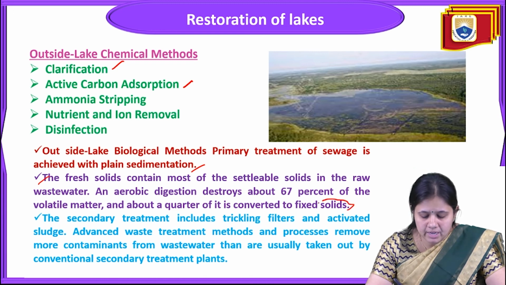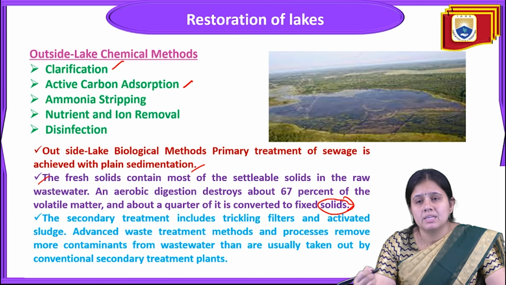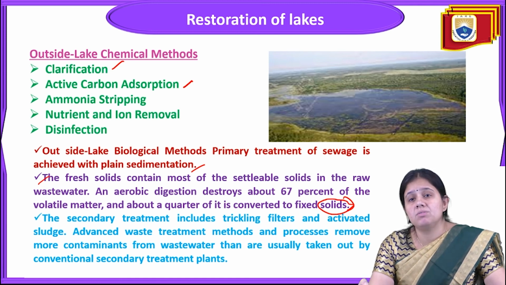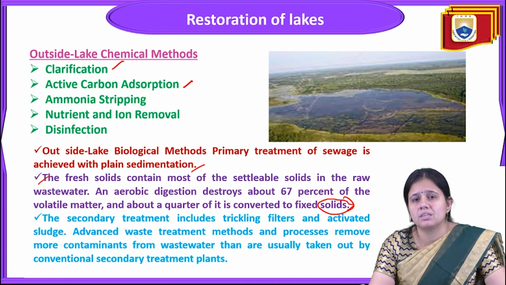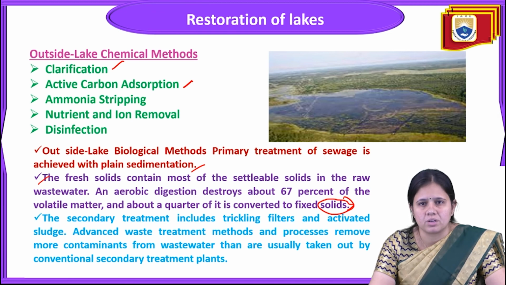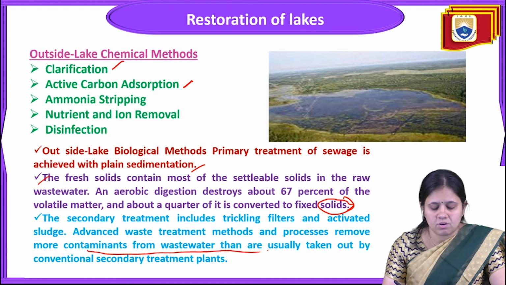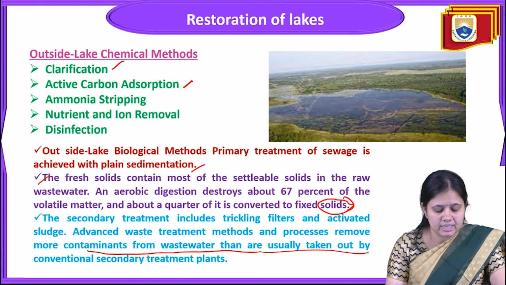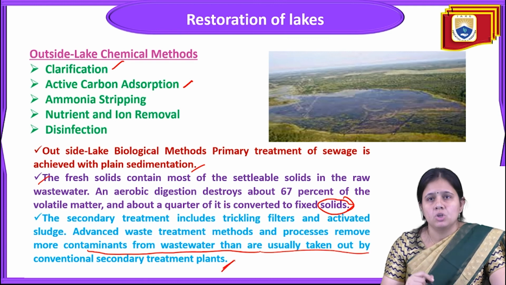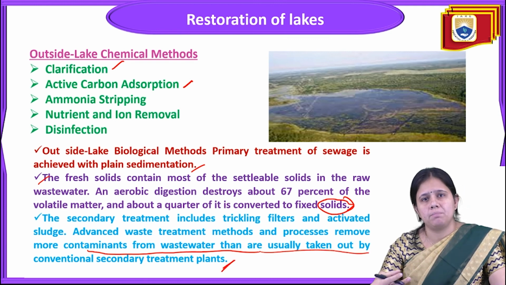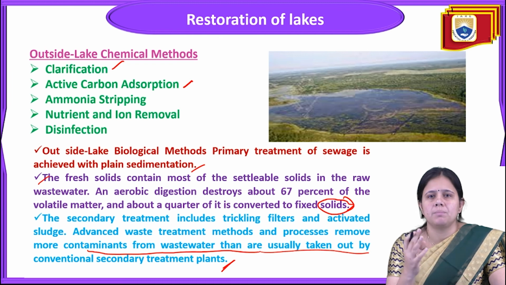The secondary treatment includes the trickling filter and activated sludge process. Advanced wastewater treatment methods and processes remove more contaminants from wastewater than are usually taken out by a conventional secondary treatment plant.